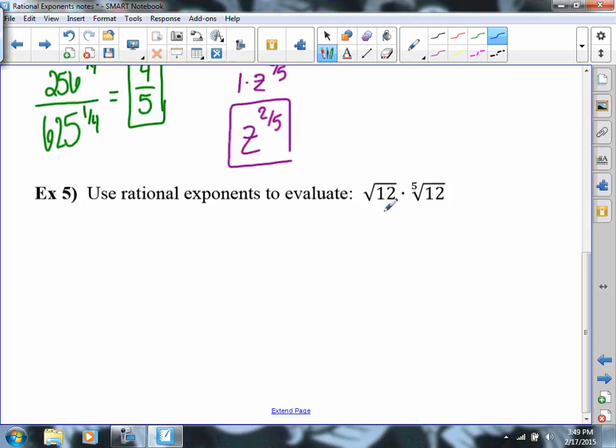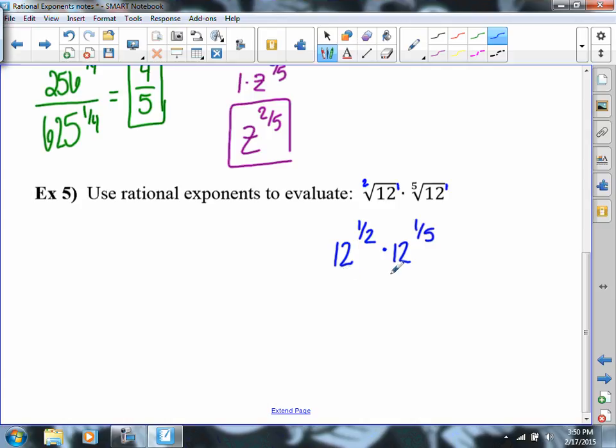We're going to have to rewrite the square root of 12 and the fifth root of 12. So remember, this is a square root, so there's a little 2 there. This 12 doesn't have an exponent, so it's 12 to the first power for both of them. So if I'm going to rewrite this, this first 12 is going to be 12 to the 1/2 power, and the second one is going to be 12 to the 1/5 power.